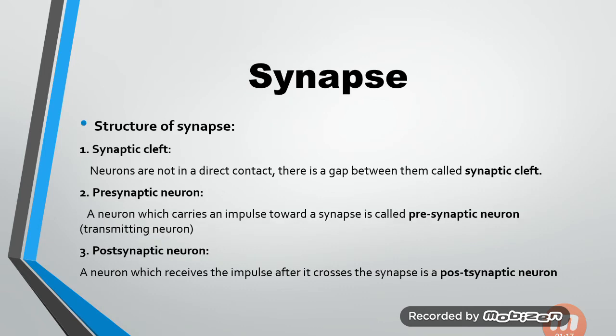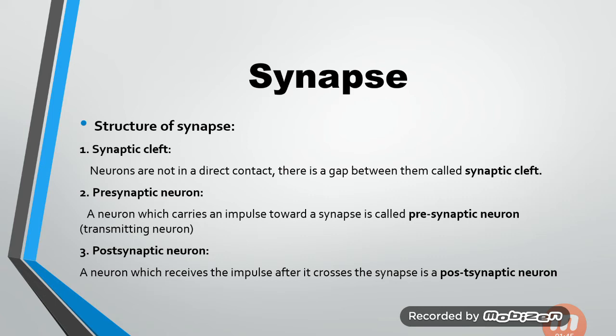A synapse consists of three basic structures, which are the synaptic cleft, presynaptic neuron, and postsynaptic neuron. So if we talk about the synaptic cleft, it is the space between the two neurons where they meet together.